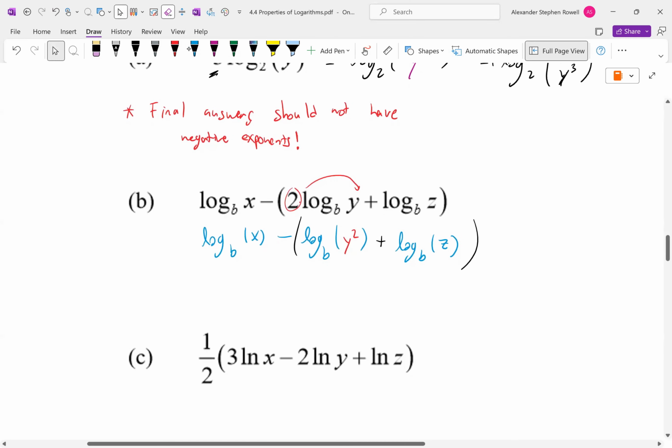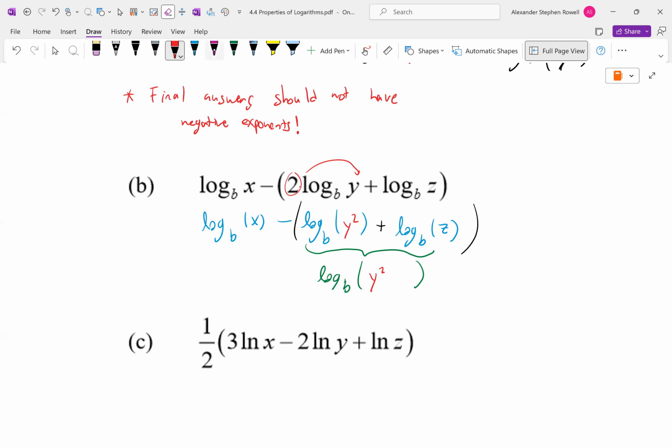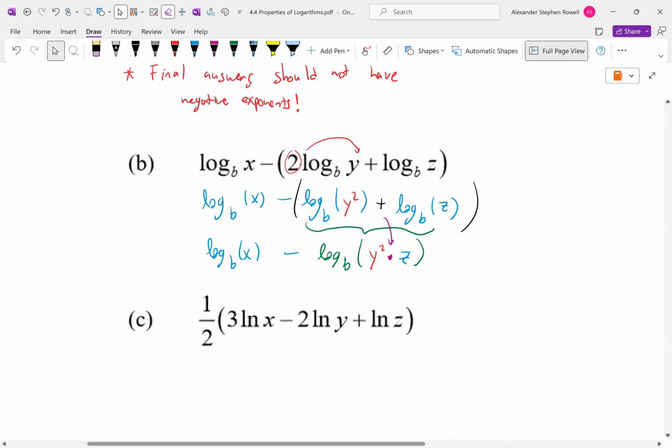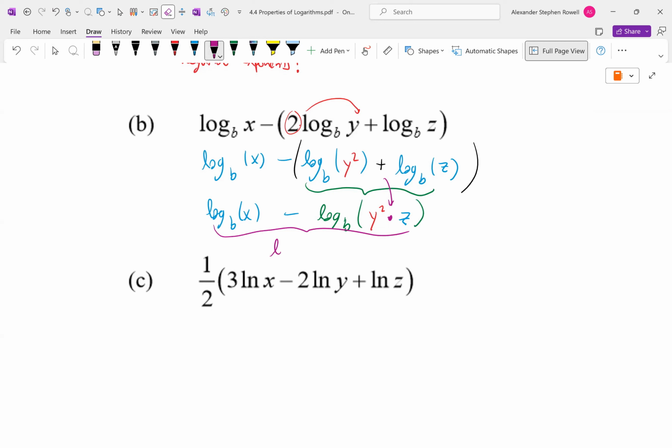Next step is what? Let's go ahead and combine these into a single log. Log base b of what? Y squared times z. I still have the negative log base b of x minus this. And my next step is to combine these to make log base b of what?